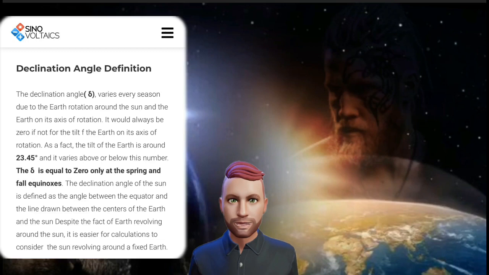Despite the fact of Earth revolving around the sun, it is easier for the calculations to consider the sun revolving around a fixed Earth. So in other words, even this is based on first assuming it has to be a fixed plane Earth with the sun revolving around. So actually the globe's declination is based on flat.